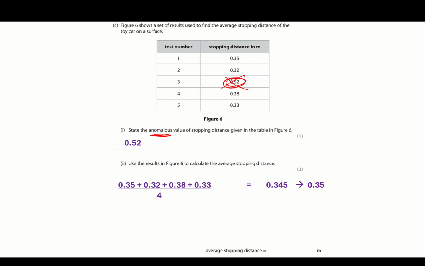So we're going to use each of these values, 0.35, 0.32, 0.38, 0.33, divide by 4, because we've got 4 results, equals 0.345. Then I'm going to make sure that my answer is to the same number of decimal places as my table. So 0.35 is my final answer, because I want that result to match the decimal places in my table.